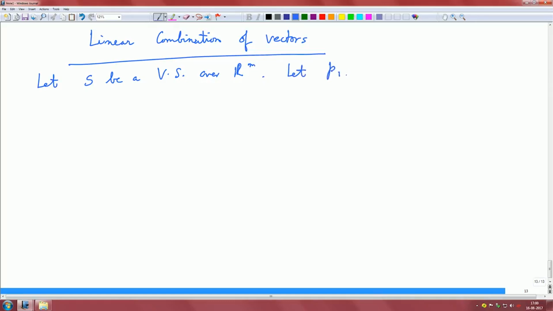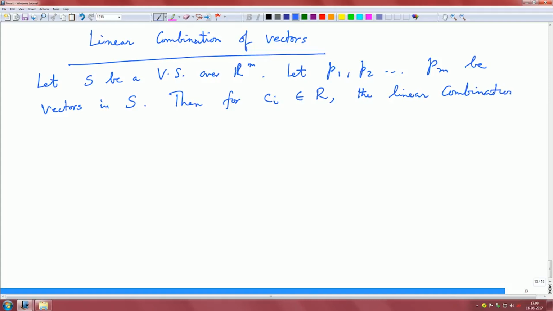Let P1, P2 so on Pm be vectors in S. Then for some scalars belonging to R, the linear combination X, which is C1 P1, C2 P2, so on Cm Pm, is in S.